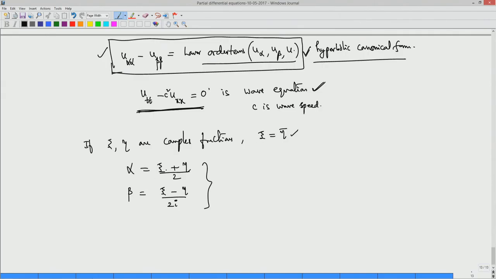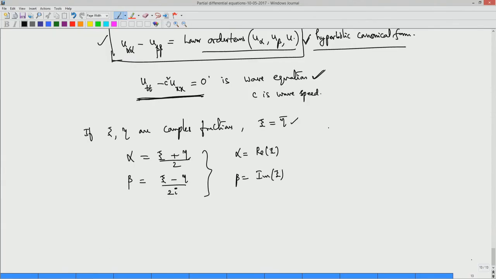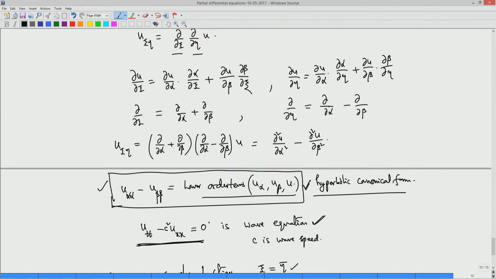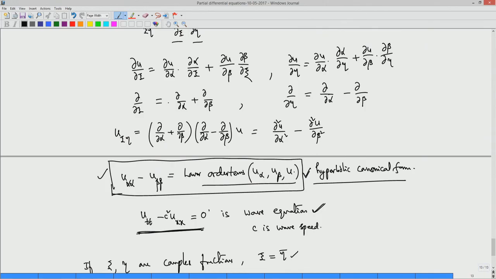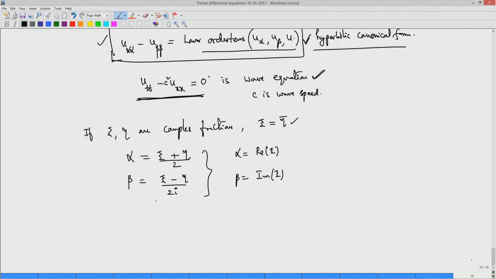Now when you take this sum and difference as the new variables alpha and beta, alpha is nothing but the real part of xi, and beta is nothing but the imaginary part of xi. With these new variables you can use the same technique. u xi is u alpha times do alpha by do xi, that is half, plus u beta times do beta by do xi, that is 1 by 2i.